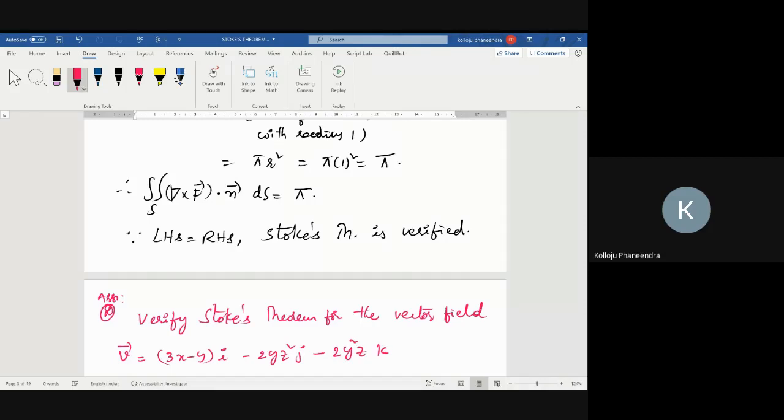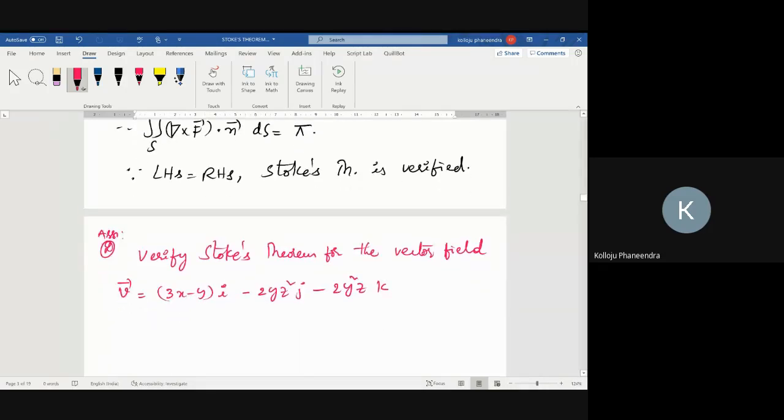Same, in place of 2x minus y, 3x minus y is there, where S is the surface of the sphere x square plus y square plus z square equal to 16, z greater than 0.